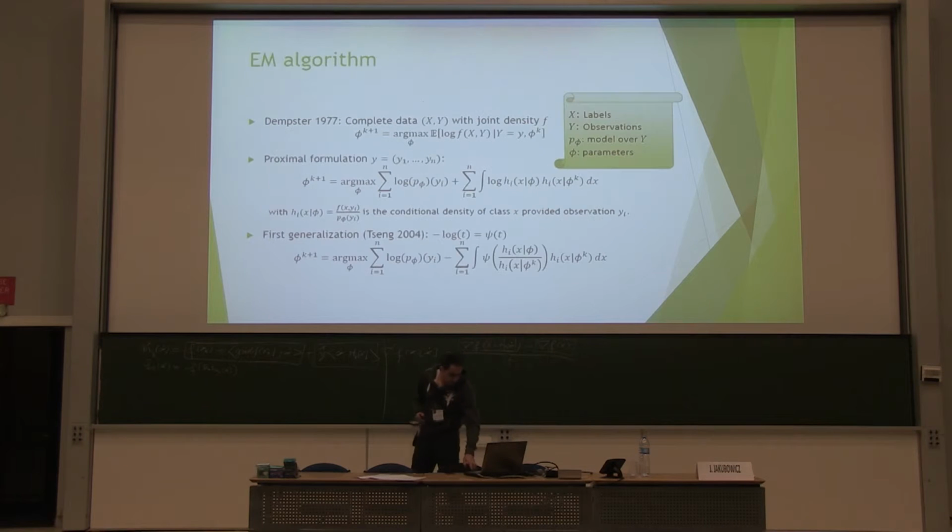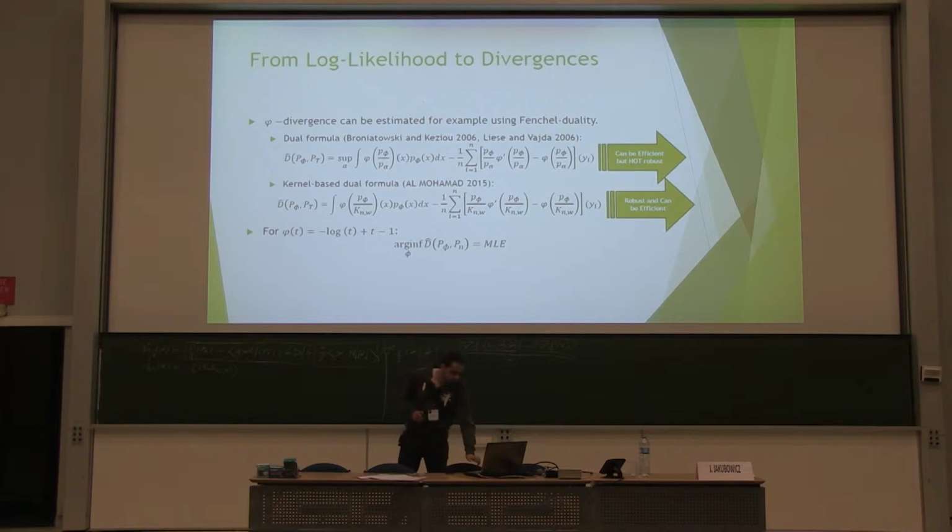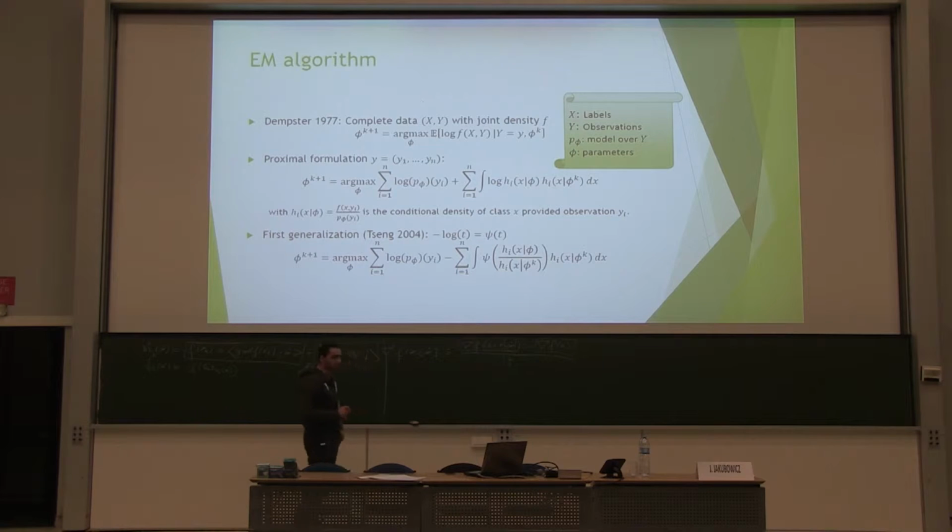Thirdly, I'll be talking about the EM algorithm. The EM algorithm is a well-known algorithm which was introduced by Dempster et al. in 1977. It concerns the estimation of parameters in the context of unobserved data, which means we have a vector of observations, y, and on the other hand, we have unknown labels. It's the case when we do clustering.